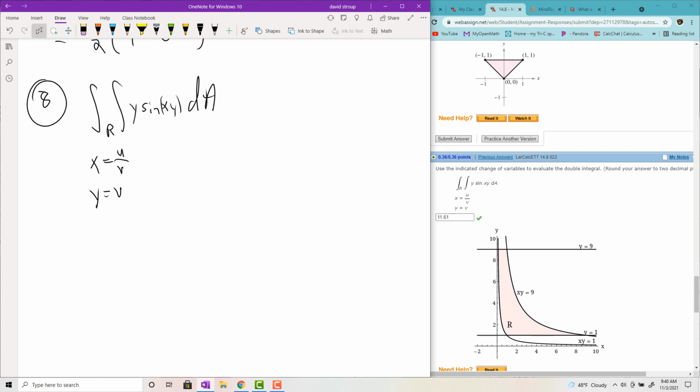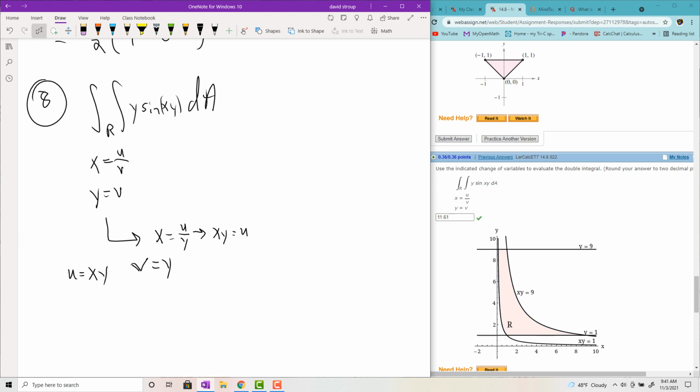We have some nice formulas, right? One thing you can notice is if you play around with these two formulas, x equals u over y, if you just substitute in for v, that will give you xy equals u. So you have u equals xy and you have v equals y.